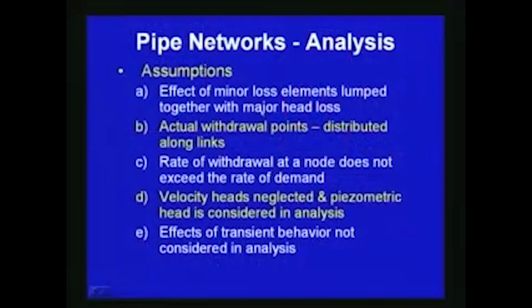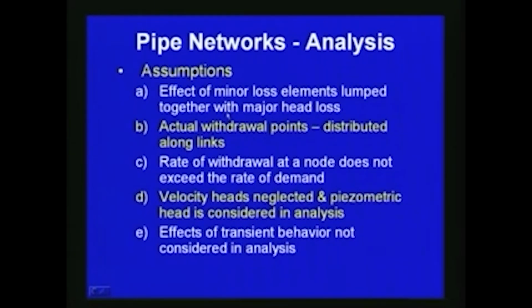So, to make it simple, while solving these kinds of pipe network problems, we put certain assumptions. The important assumptions are listed here. The first one is that the effect of minor loss elements, as we have done earlier, are lumped together with the major head losses depending upon the system.